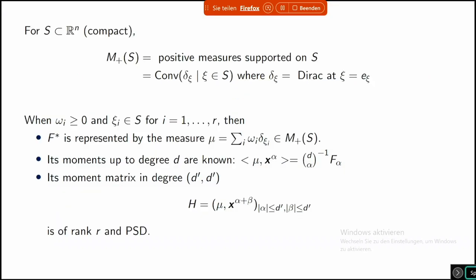In the numerics, if S is a sphere or some compact set, this will be very important. I think that the set capital S plays a very important role, so you should try with a compact S. Okay.